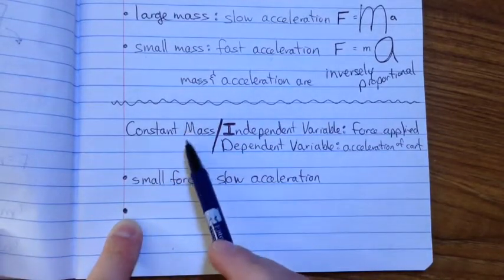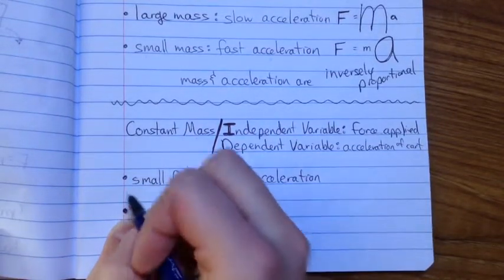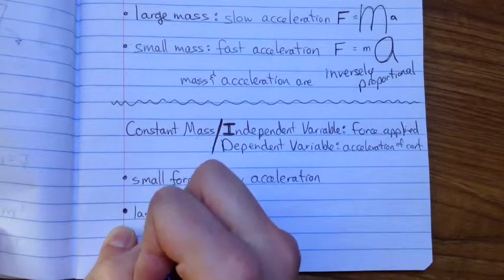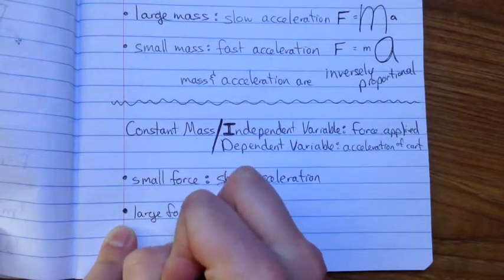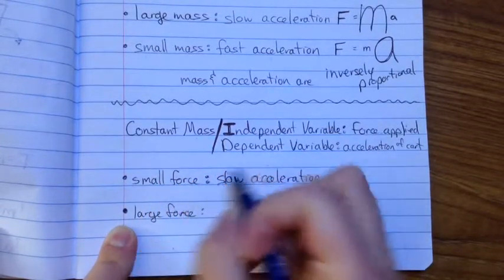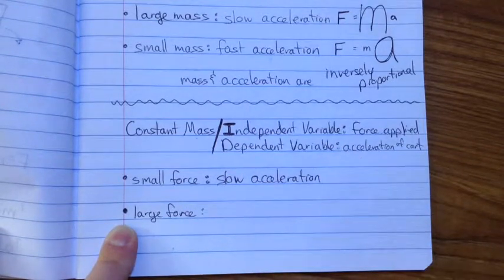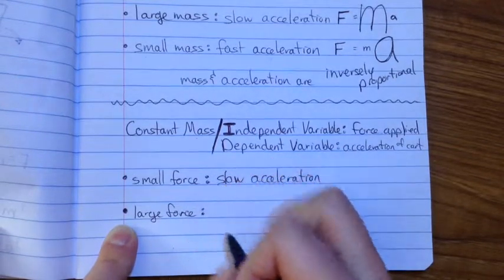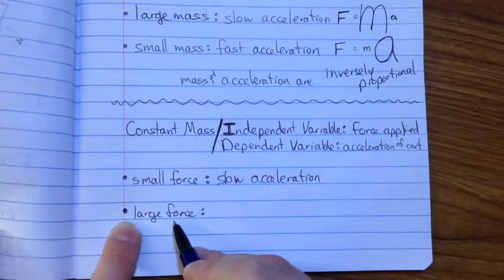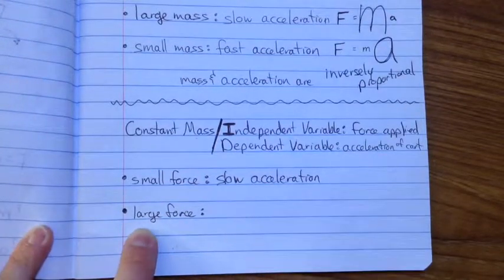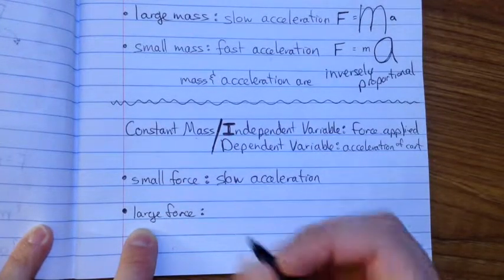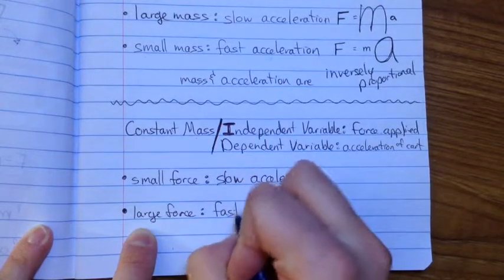Okay? Now again, constant mass, when I have a large force, I increased those dangling plates from 3 to 5. I added 2 more dangling plates, so I increased the force. What was the result on the acceleration? Fast. We ended up with a fast acceleration.